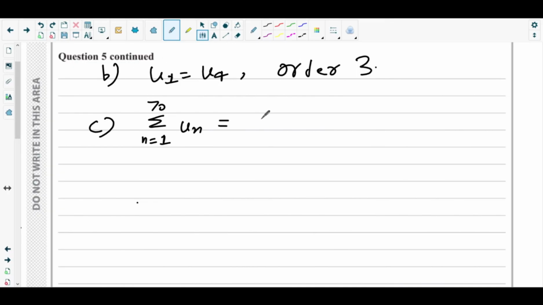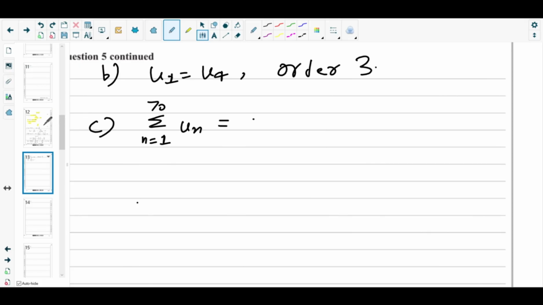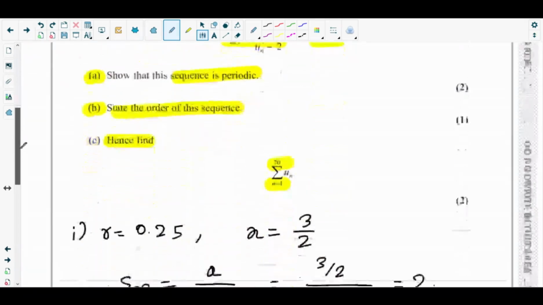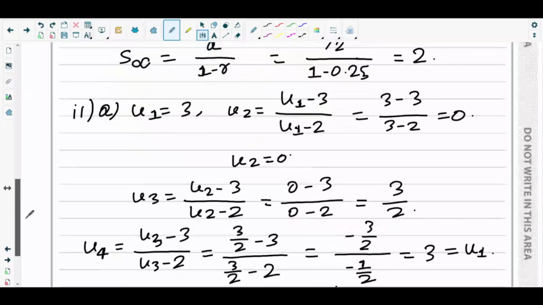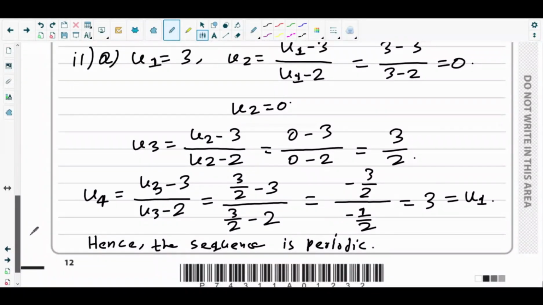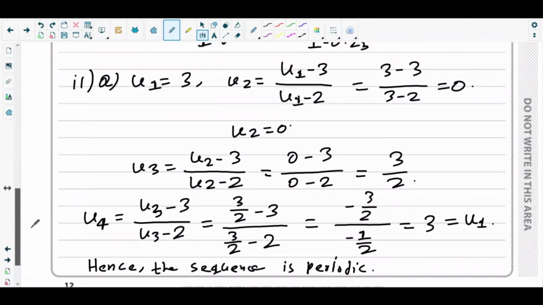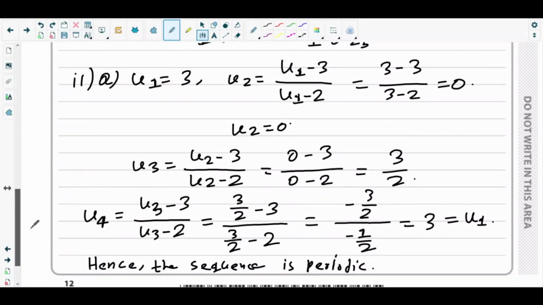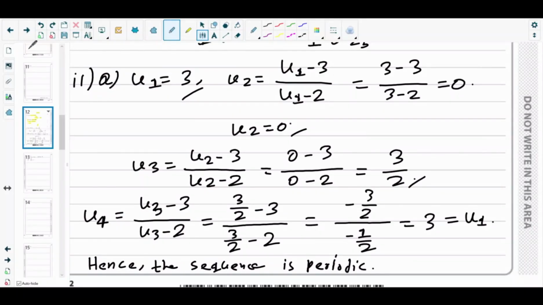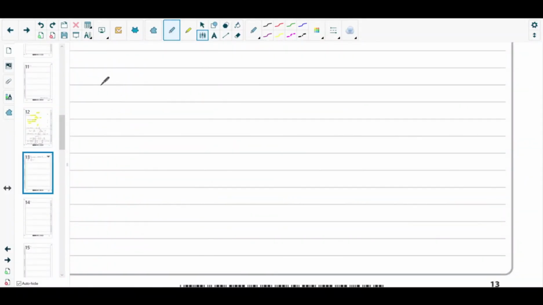Since there are 23 periods, what are the numbers of this sequence? u1 is 3, u2 is 0, u3 is 3 over 2. Okay, these are the numbers of the sequence: 3, 0, and 3 over 2. So ignore 0 since 0 has no value. So 3 and 3 over 2.